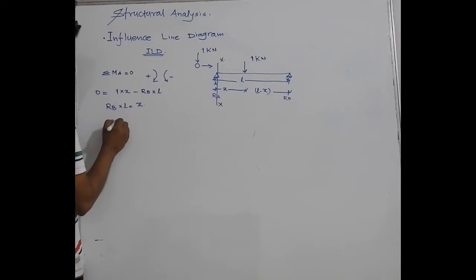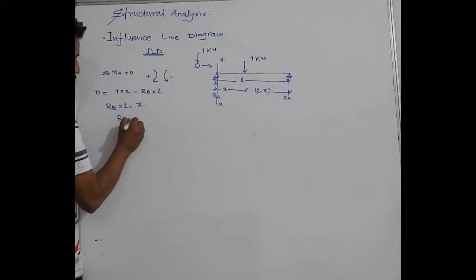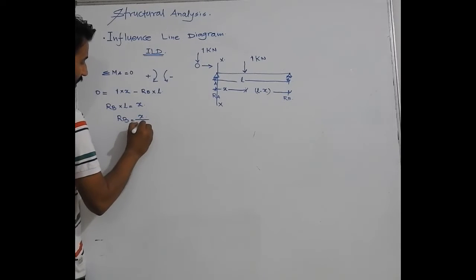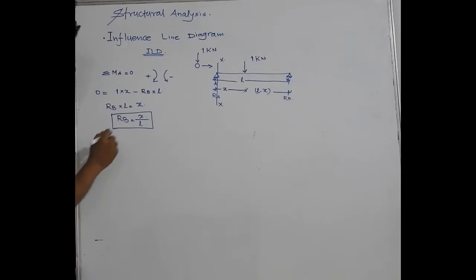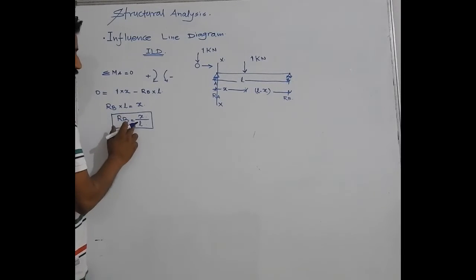Now if you calculate RB, RB will be equal to x by L. So this is the equation we are getting for RB, the reaction at B will be x by L.